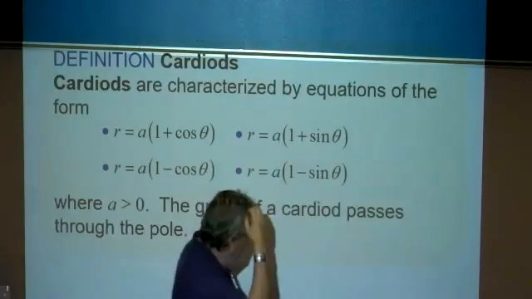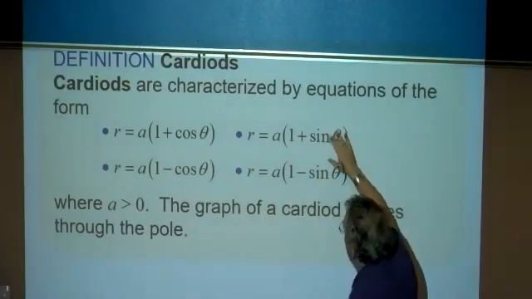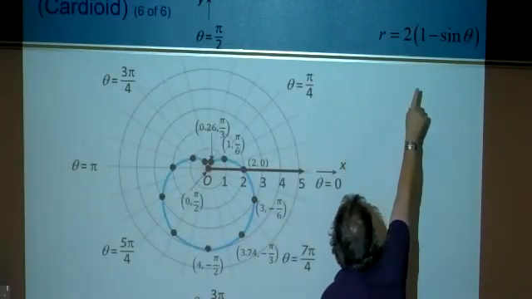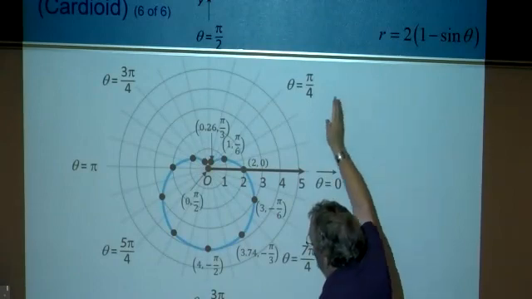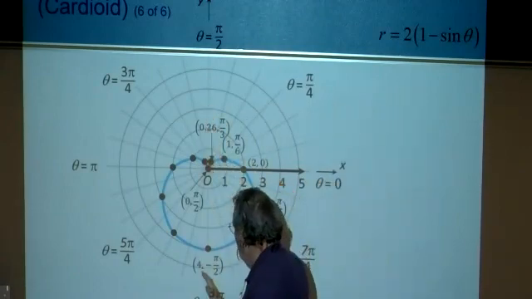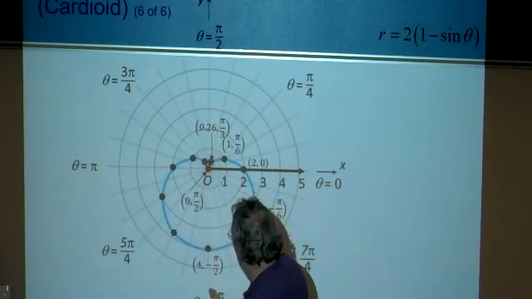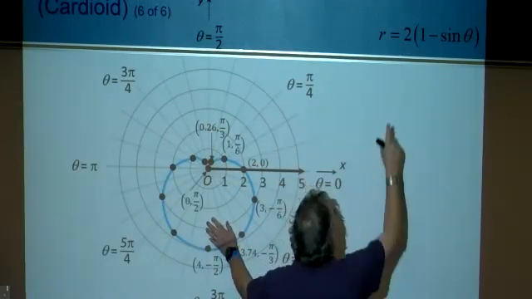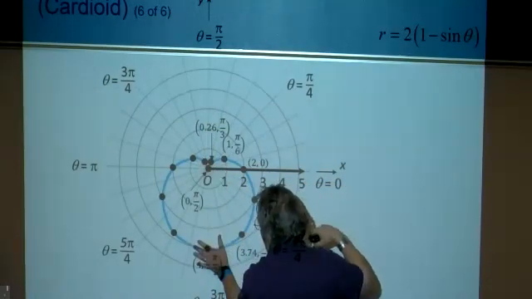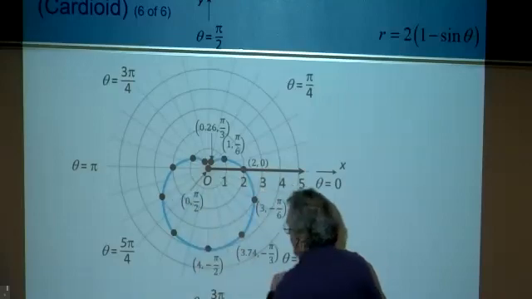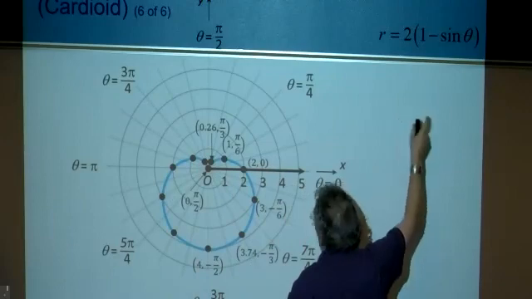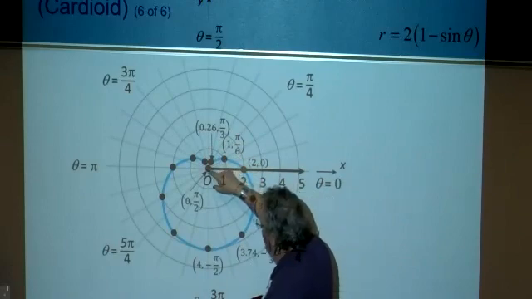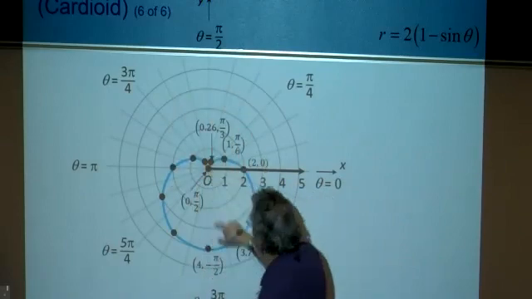If it's in terms of sine, like this one was, then theta equals pi over 2 is the symmetry axis. And if it's minus the sine, then the bulk of the thing is below the polar axis. And if it's plus sine, then it's just flipped across the polar axis. And so it would be up here like this.